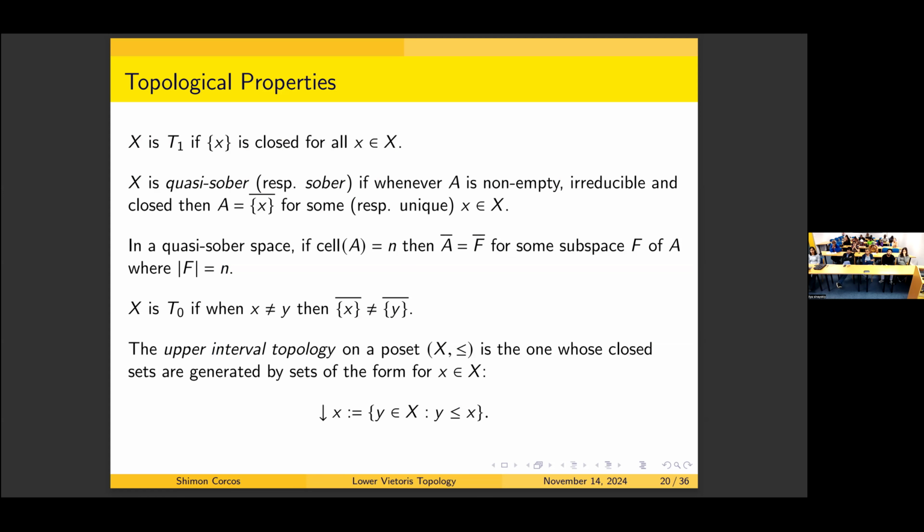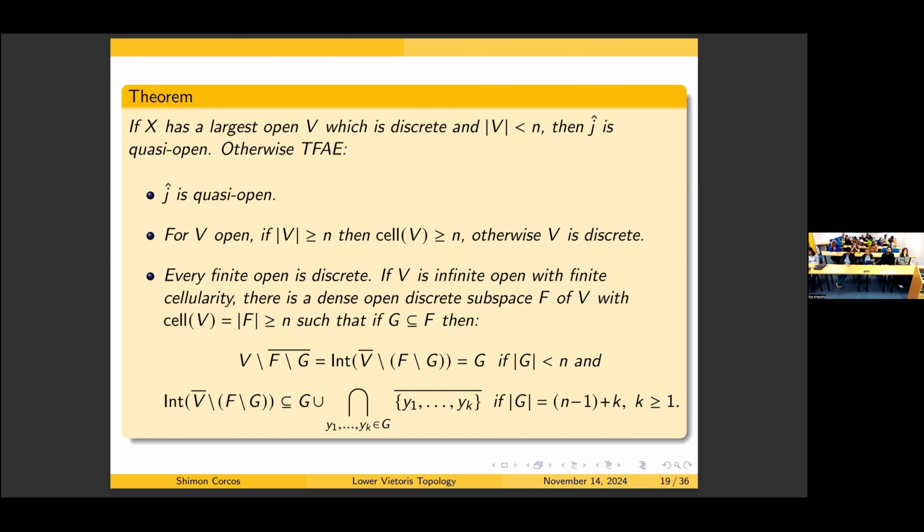What's relevant here, why I'm introducing this notion, is that if you've got a quasi-sober space and you have a subspace with cellularity n, then it is the closure of some n element subset of A. So what that would mean for this result is that if V is infinite open and has finite cellularity, and we know that X is quasi-sober, then we can already find a dense finite subspace.